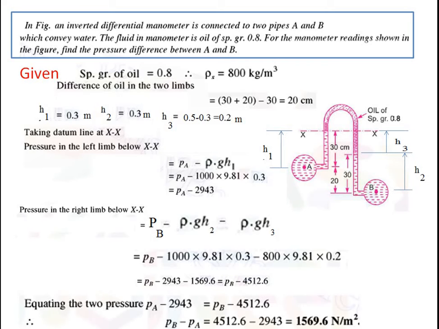PB minus PA can be given as 1569.6 Newton per meter square. So by this we can say that the pressure difference between limbs A and B is 1569.6 Newton per meter square. Okay.